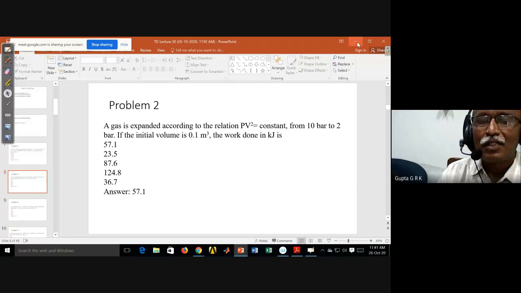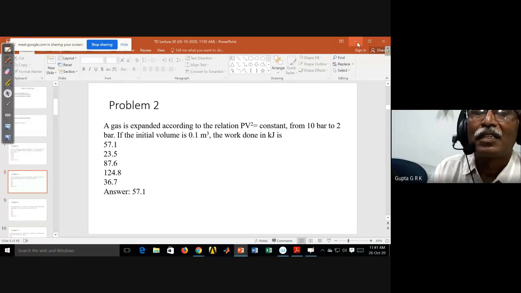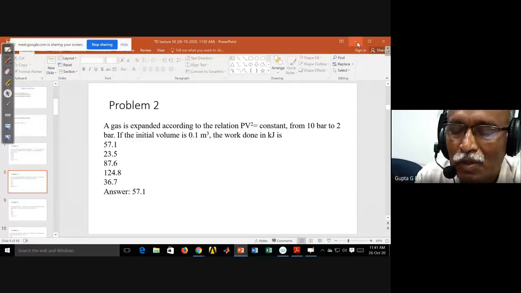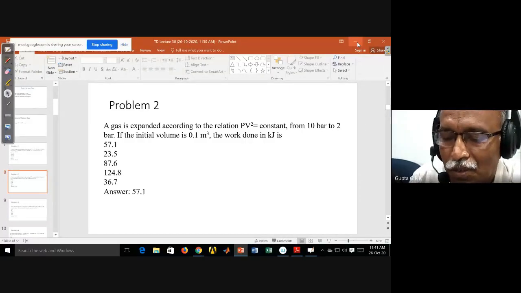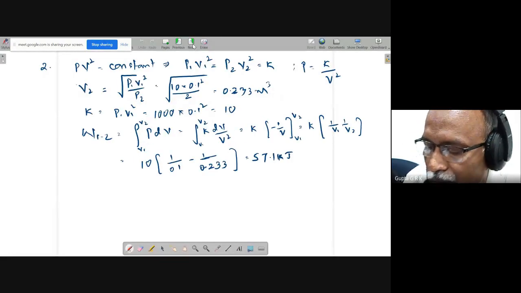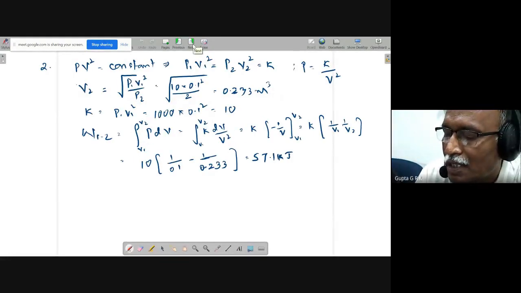And then you have to integrate integral PdV. So P is equal to constant by V square. So 1 by V square you have to integrate, which is minus 1 by V. And then you have to substitute the limits. So we will see. PV square equal to constant, P1 V1 square equal to P2 V2 square equal to constant. So P equal to K by V square.